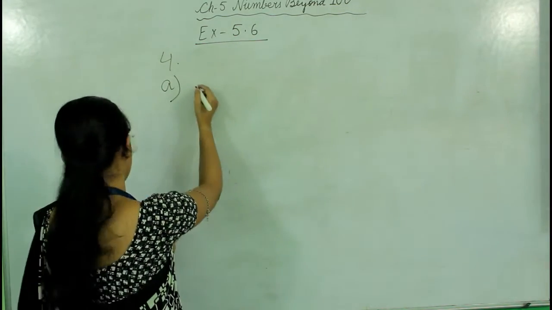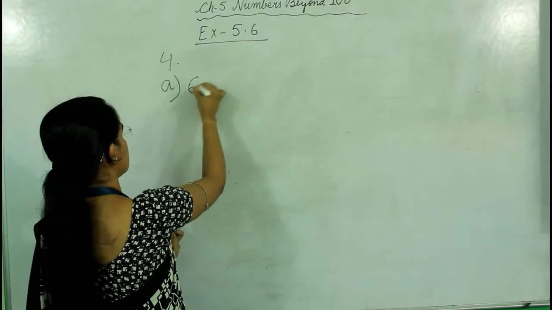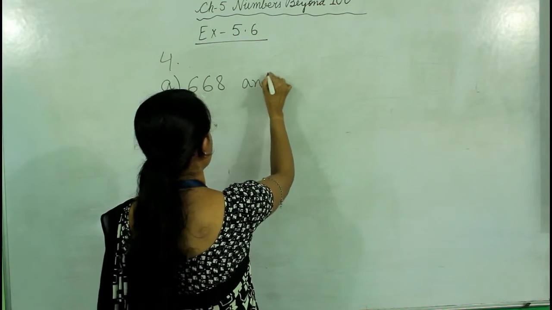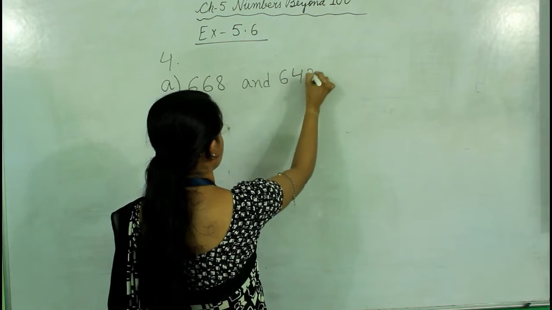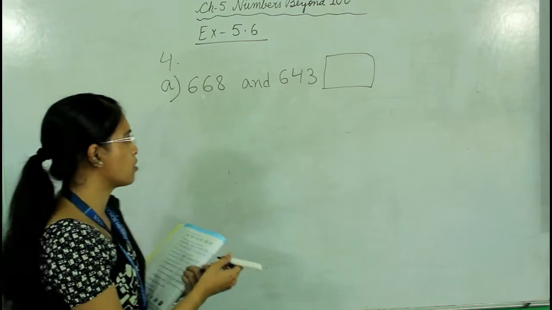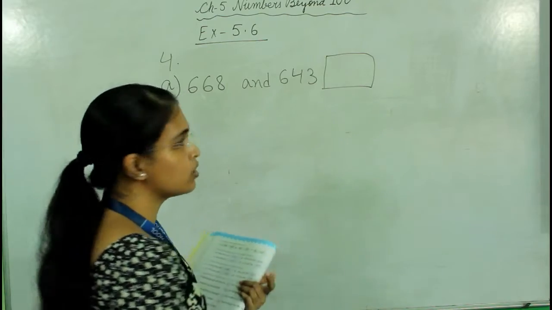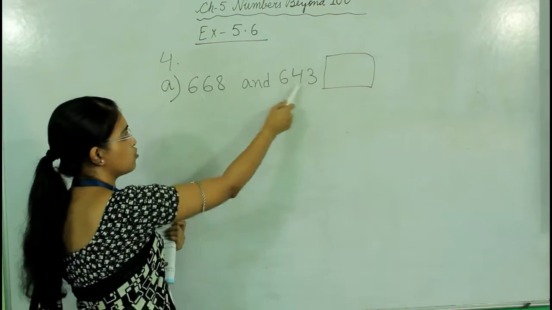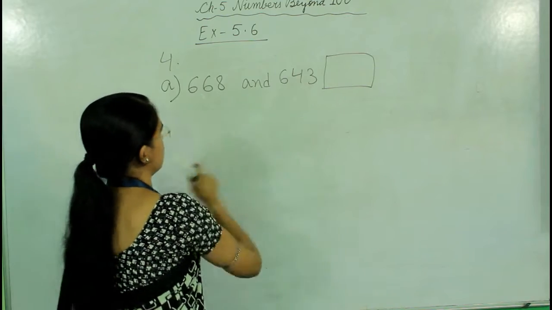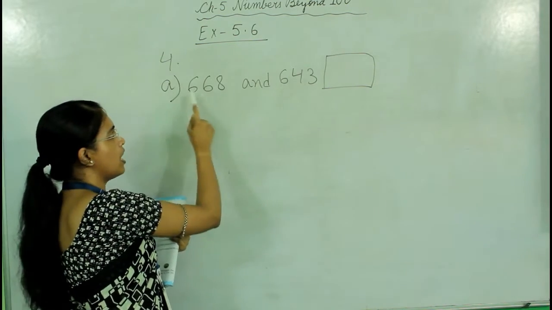Now question number 4A. The question is 668 and 643, and there's a blank box. Now we have to find the bigger number. Among these two numbers, which one is the bigger number? 668, 643. First we have to check the 100s place.